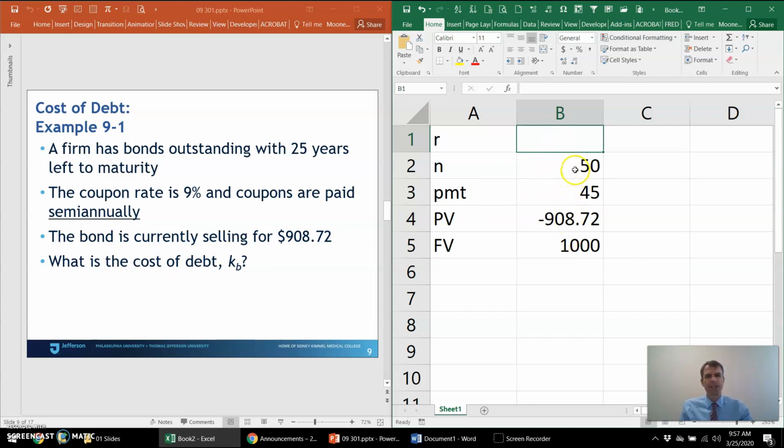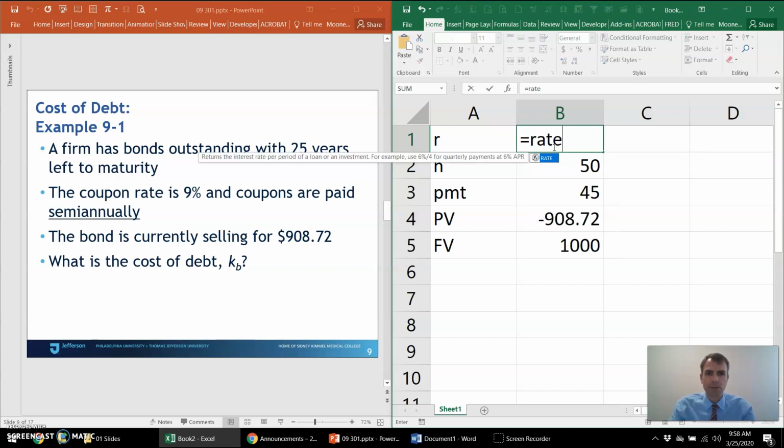What discount rate gives 50 coupon payments of $45, and then this face amount, what discount rate gives all those cash flows a present value, a price, of $908.72? Well, the rate function can tell us. And remember, the number of periods and the payment are semi-annual. So the discount rate that will come out of the rate function is going to be semi-annual. So we'll have to adjust that.